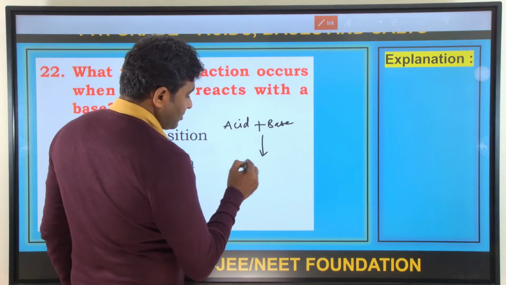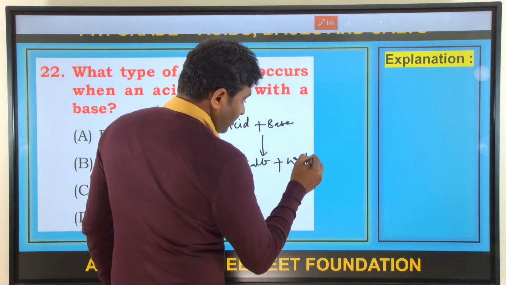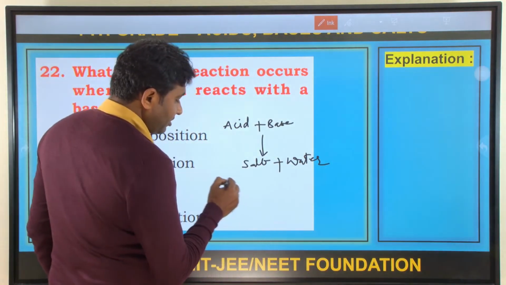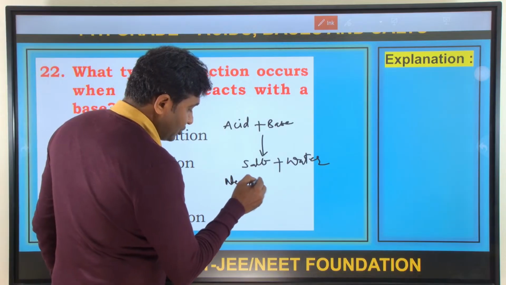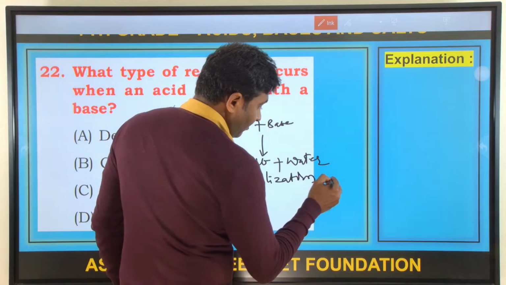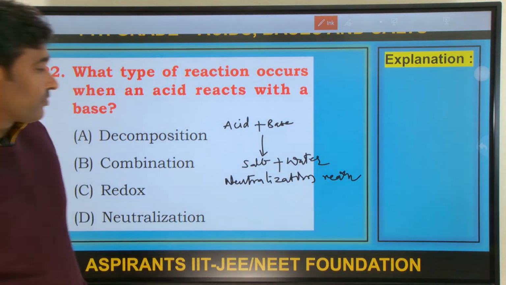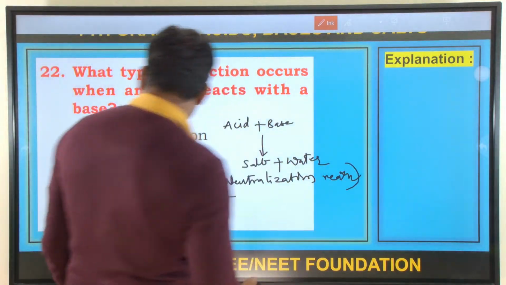Neutral compounds, salt and water. This reaction is called a neutralization reaction. Okay, so our option is D.